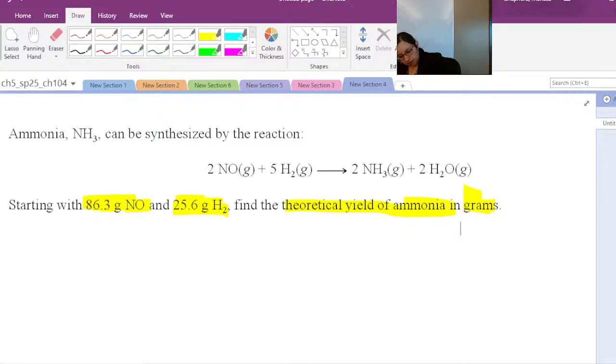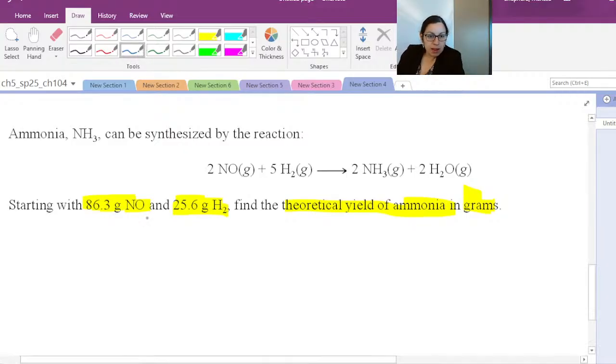Let's talk key points, and then we'll probably have to finish this up on Wednesday, going over the answer. What other bits of information do we need to work through this? What molecular weights? We have 86.3 grams of NO and 25.6 grams of H2, and we want the theoretical yield of ammonia.